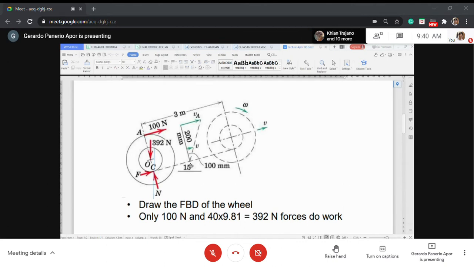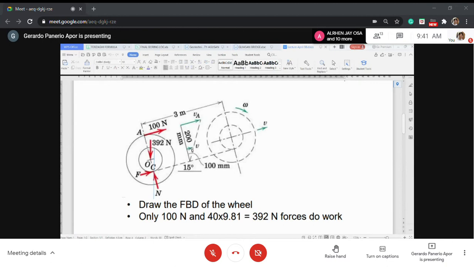Okay, you see this green arrow labeled as V and V sub A. Now, V is just the velocity of the center O, while V sub A is the velocity of point A.